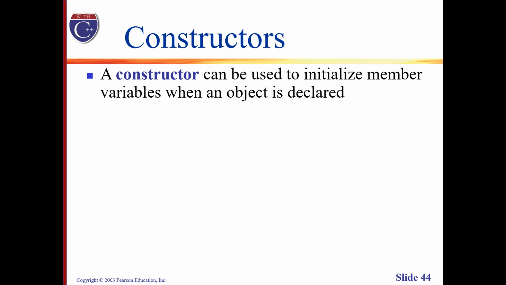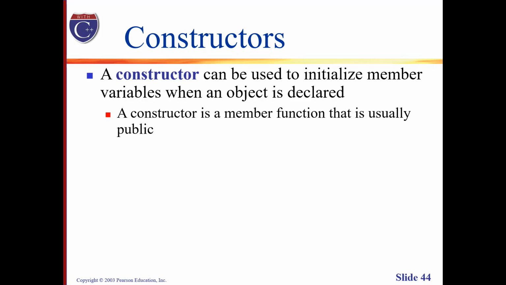Now let's talk about constructors. A constructor can be used to initialize member variables when an object is declared. Just like a regular variable, whenever we declare an object of a class, we also need to initialize its member variables. We do so by using constructors. A constructor is a member function that is usually public.